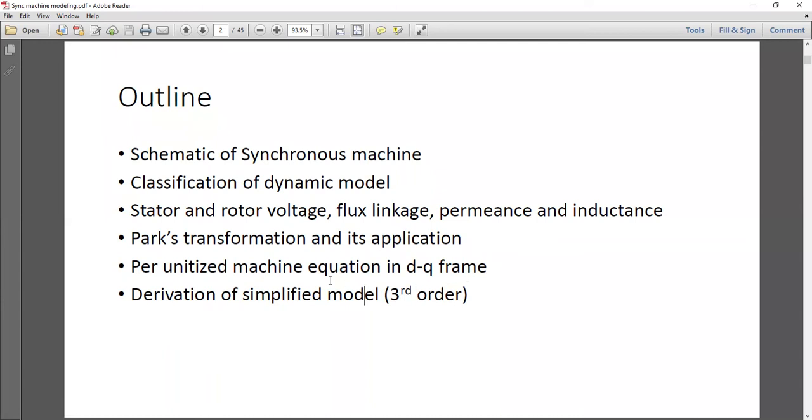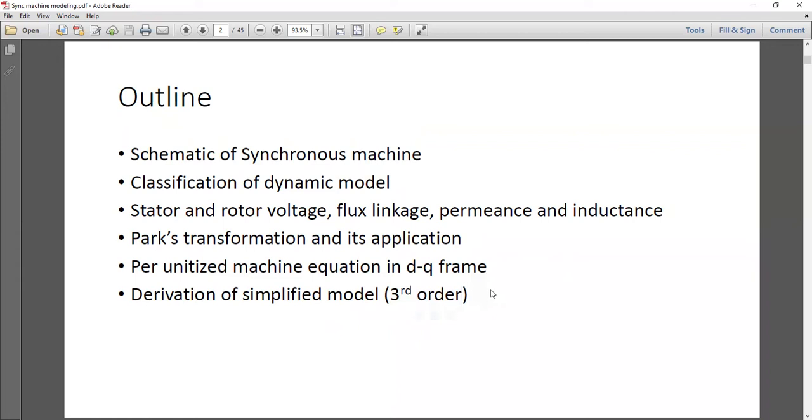One ODE will represent the electrical dynamics of the synchronous machine, whereas the remaining two will represent the acceleration of the rotating part of the machine. As I said, you can go for much more complexity here, but for this course we will resort to the third order model at the end.